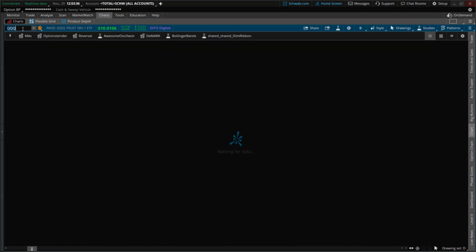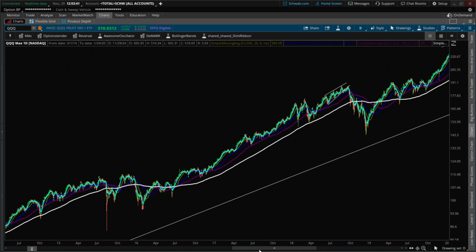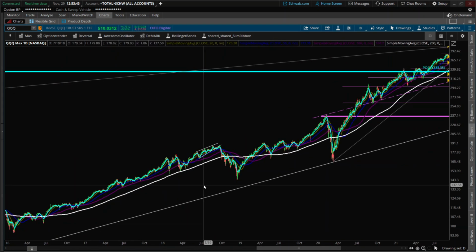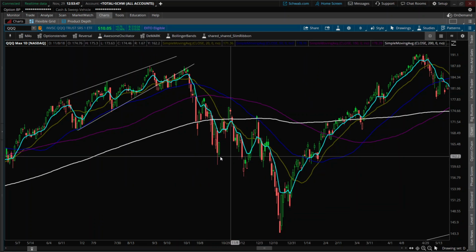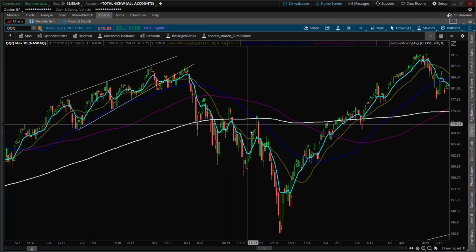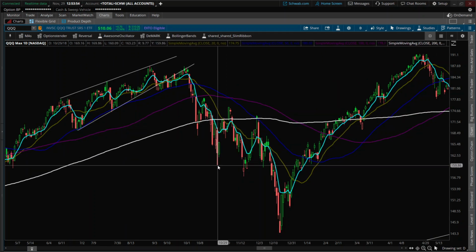On the Qs, this was the low here for SPY, even though you had a flat pattern, a running flat there.